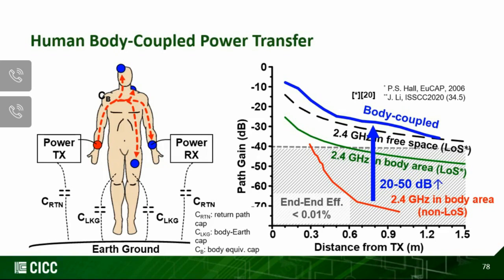The RX can be placed anywhere on the body. From the graph, compared with 2.4 gigahertz in a non-line-of-sight condition, for example TX in the chest and RX in the back, body-coupled power delivery has much less path loss, around 20 to 50 dB less. So now power delivery through human body coupling becomes feasible.